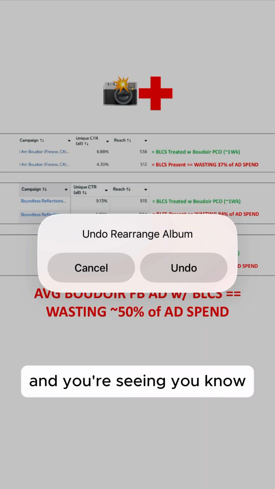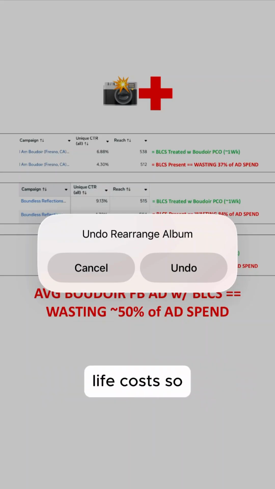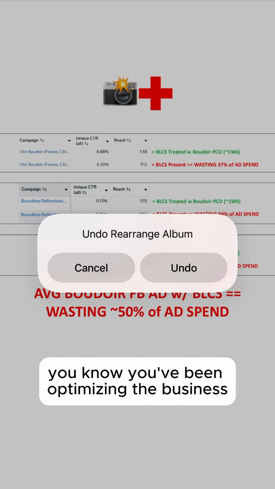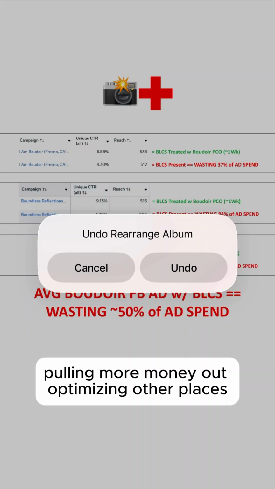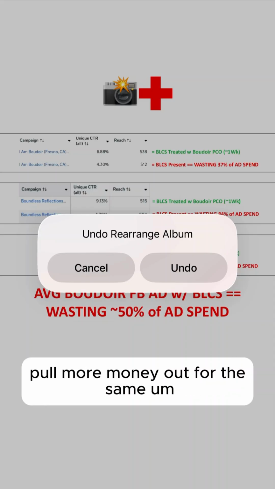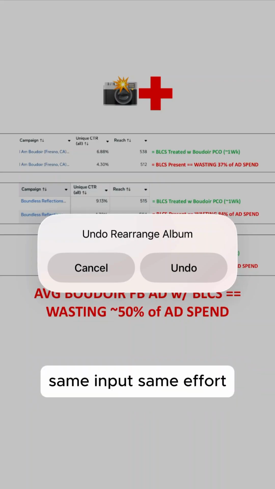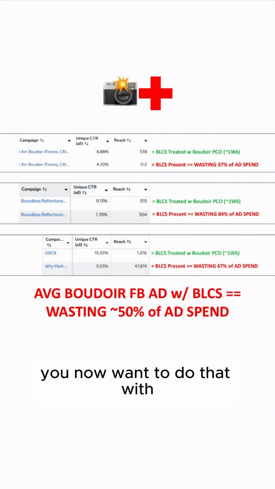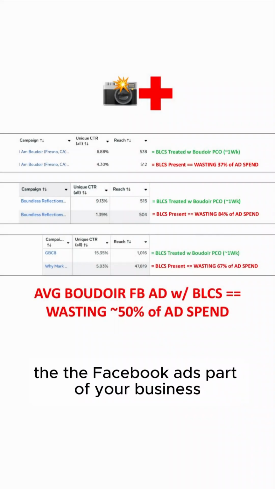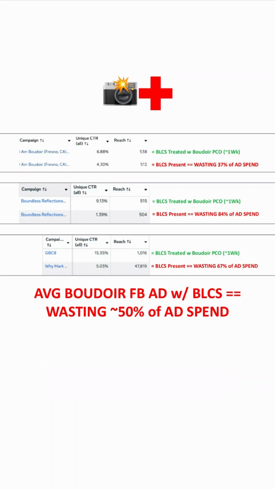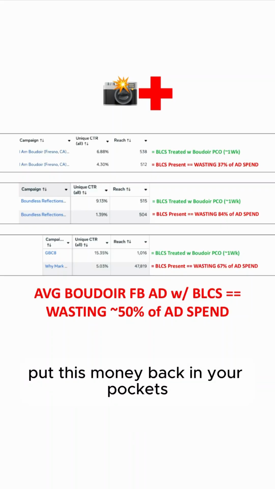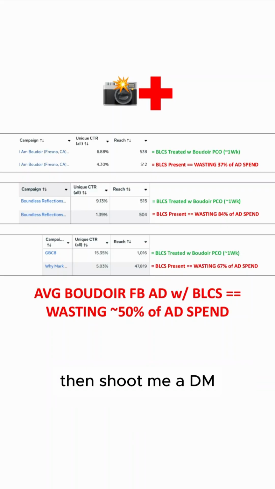And you're seeing inflation and cost of living. So you've been optimizing the business, optimizing other places, pulling more money out for the same input, same effort. And you decide you now want to do that with the Facebook ads part of your business, plug these holes, become more efficient, put this money back in your pockets, then shoot me a DM.